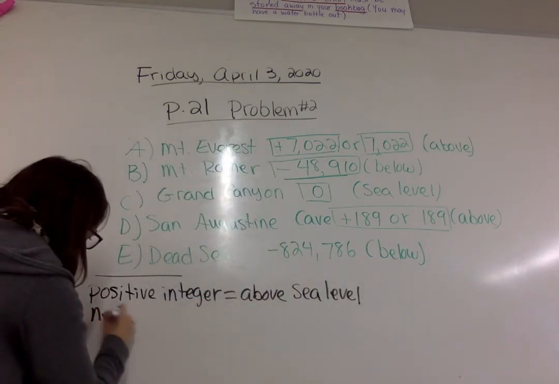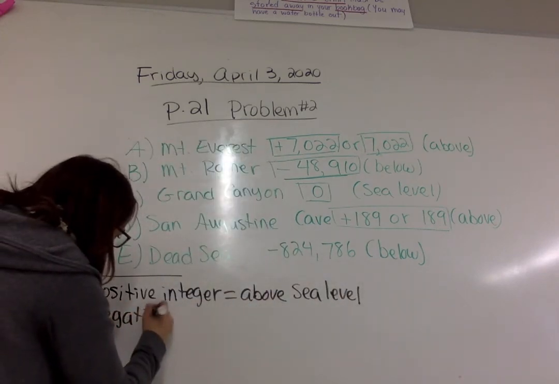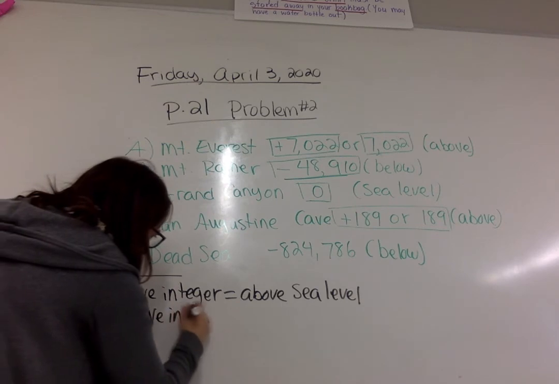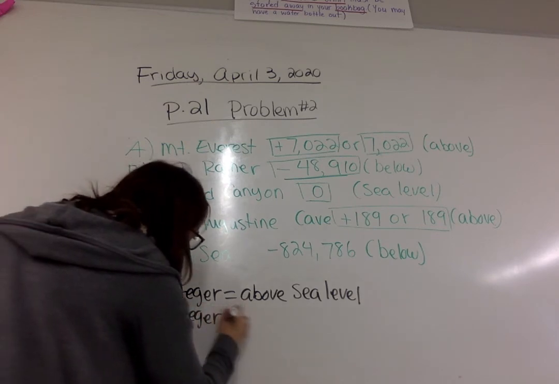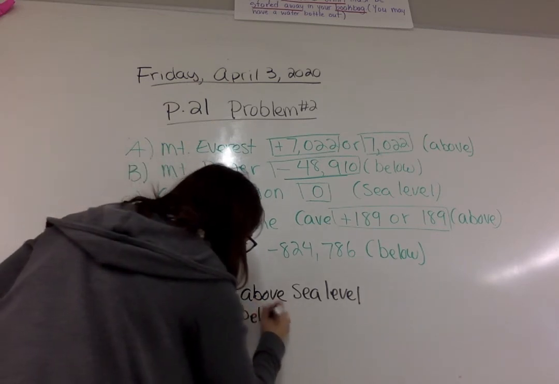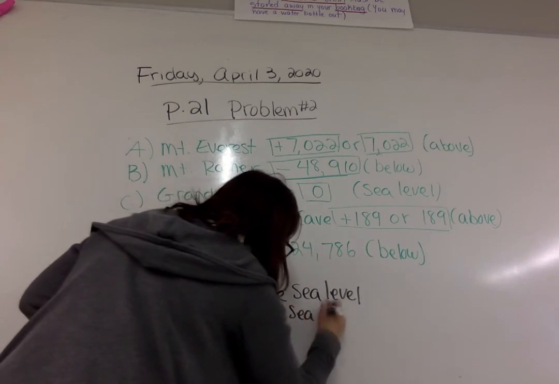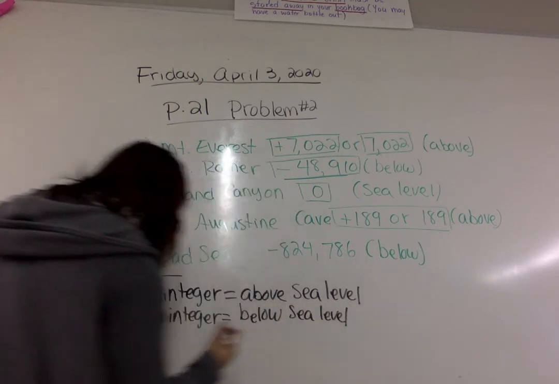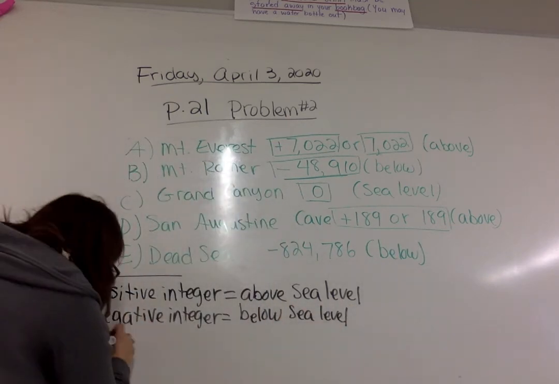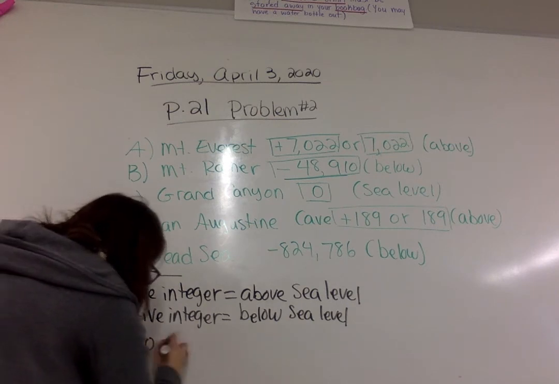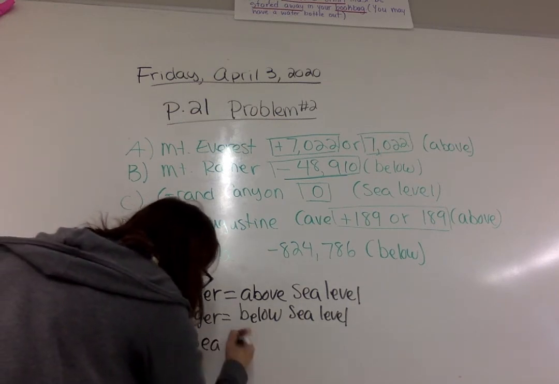I'm going to draw a picture in a second too. Negative integer is below sea level. And when you have 0, it means sea level.